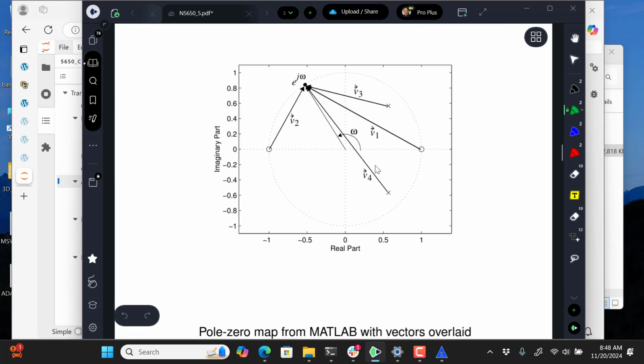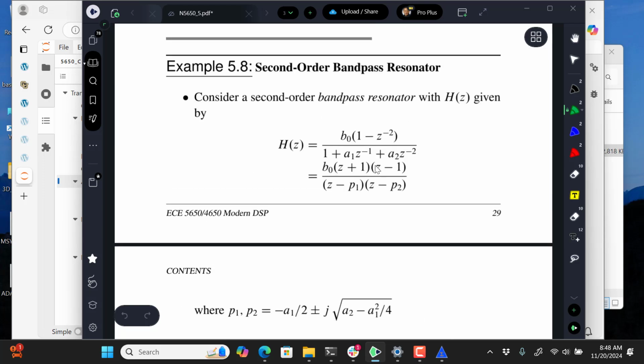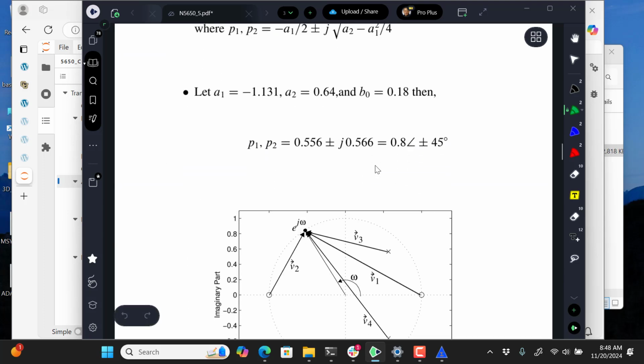There was another example in here. This was a bandpass resonator. It just puts 2 zeros up, one at minus 1, one at plus 1, and then it puts a complex conjugate pair up.